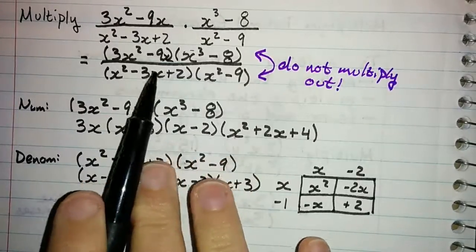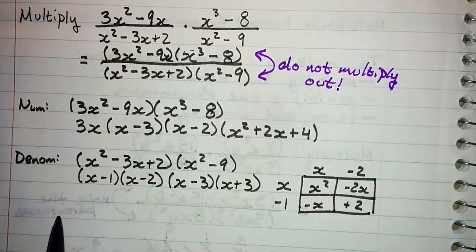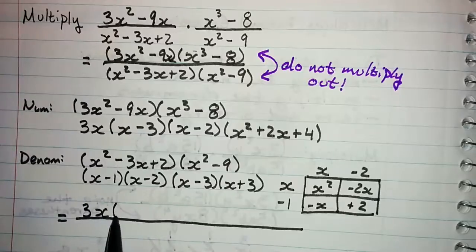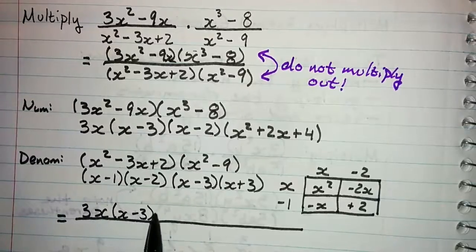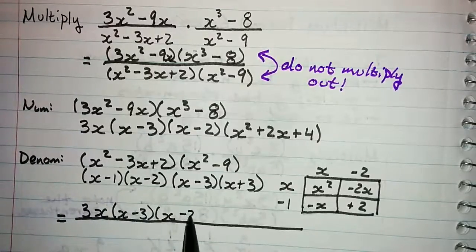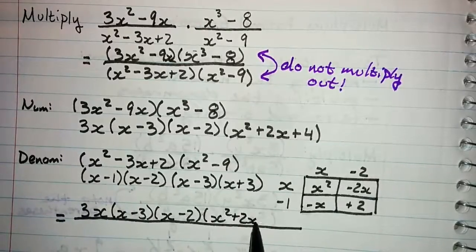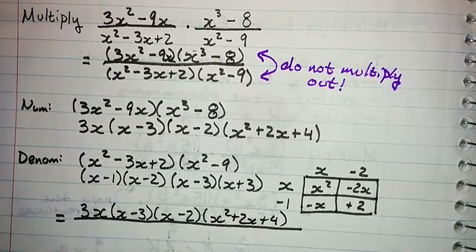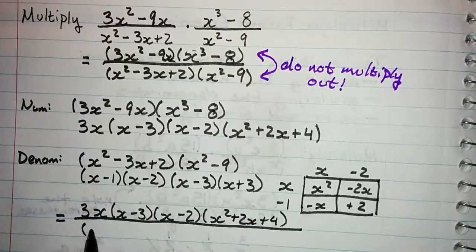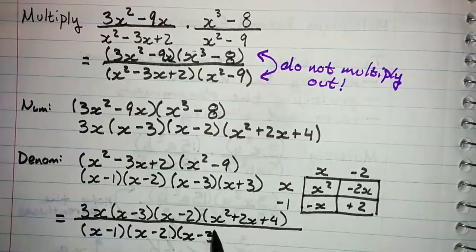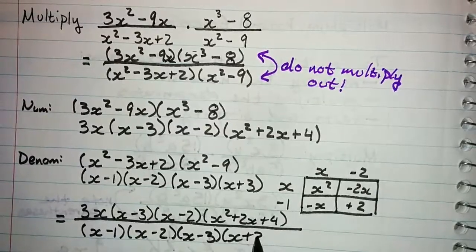All right, then what does our original expression become? Well, our numerator is 3x, x minus 3, x minus 2, x squared plus 2x plus 4. Our denominator is x minus 1, x minus 2, x minus 3, x plus 3.